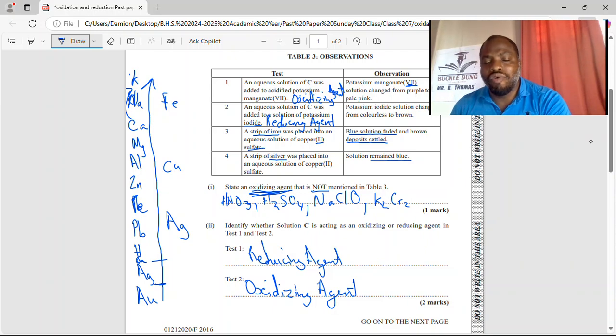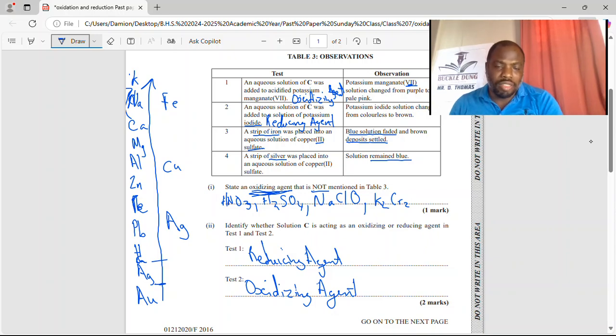Likewise, in 4, the solution is just going to remain blue because the silver is not reactive enough to displace the copper, so the copper is just going to remain bonded to the sulfate. Once it is more reactive, it's going to kick it off and take its place, displace it from the compound that it is in.